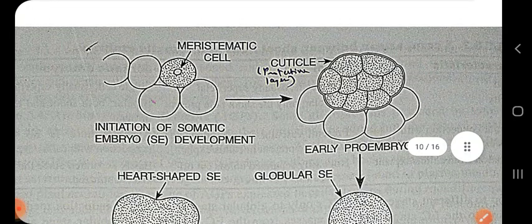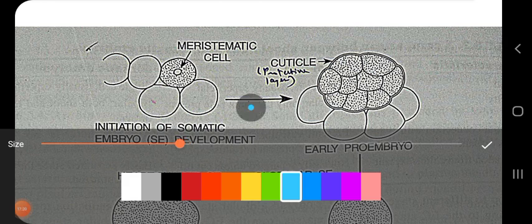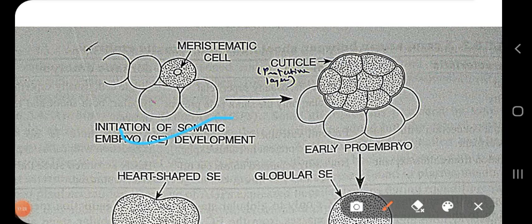In the first figure, you can see that initiation of somatic embryo development occurs, and this is the meristematic cell.